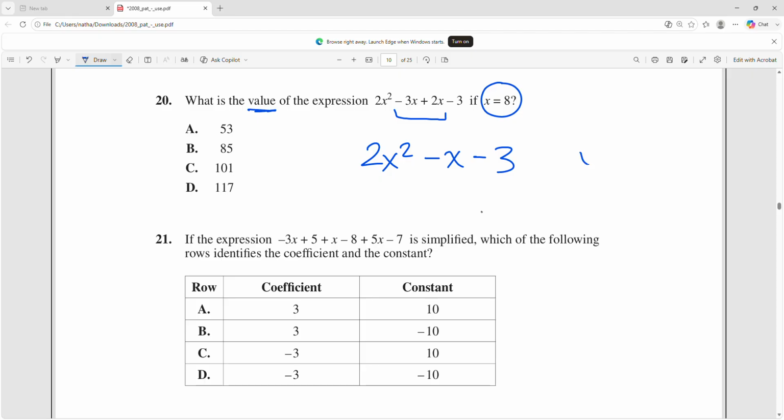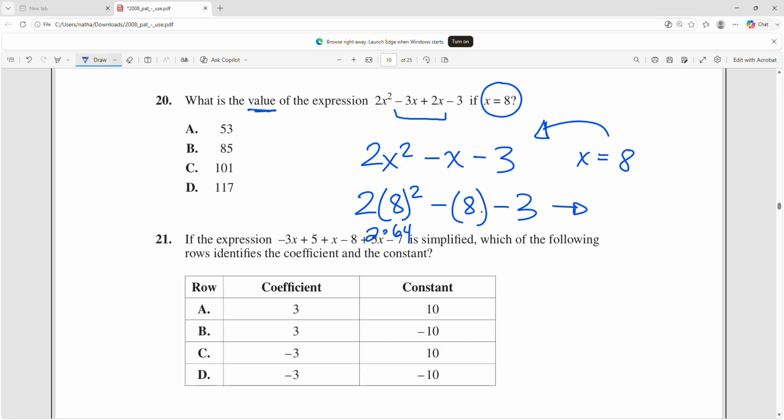Now I'm going to take my x equals 8 and substitute in. Find that a little bit easier. So 2 times 8 squared minus 8 minus 3. That's going to give us 8 squared is 64 times 2. 2 times 64 would be 128.